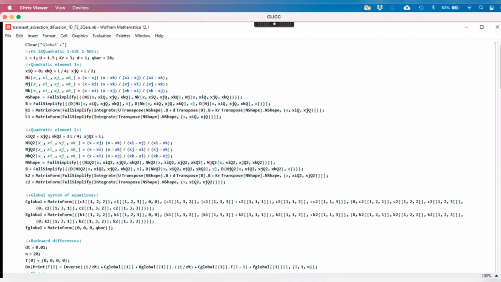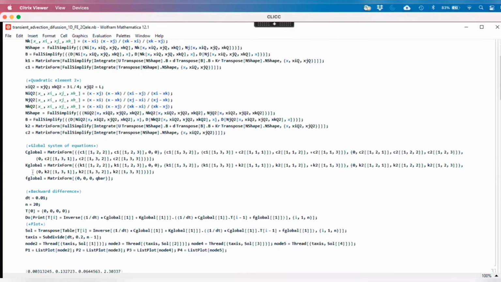We build K1 and C1, which are the stiffness matrix and the capacitance matrix for element 1. Because the length of the element and the location of the middle node is the same for the second element, we should expect to get K2 and C2 matrices the same as K1 and C1. Once we have the matrices C and K for the two elements, we assemble them in the global system.